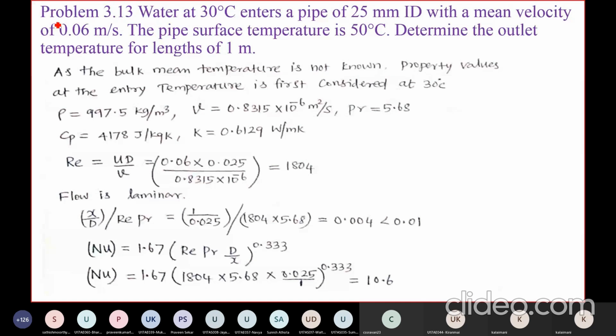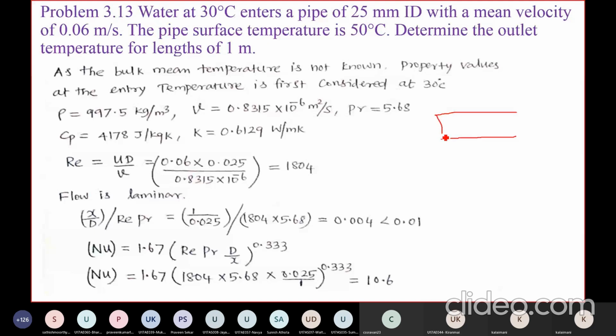Initially, water at 30 degrees Celsius enters a pipe of 25 mm internal diameter with a mean velocity of 0.06 meter per second. The pipe surface temperature is 50 degrees Celsius. Determine the outlet temperature for a length of 1 meter. Again, consider a pipe with flow through it, having the given internal diameter.